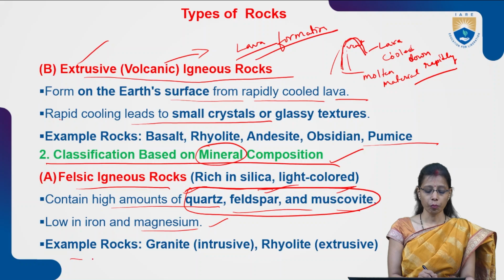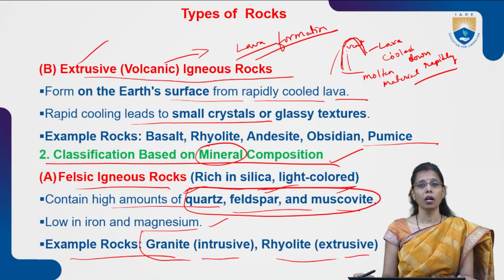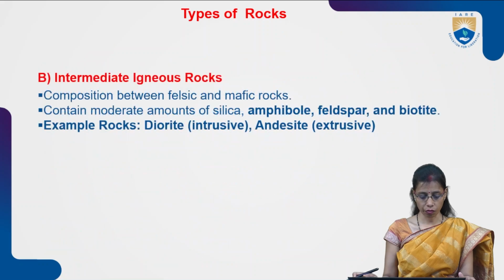Examples of felsic igneous rocks are granite, which is intrusive, and rhyolite, which is extrusive. These two are based on the mineral composition, either intrusive or extrusive.